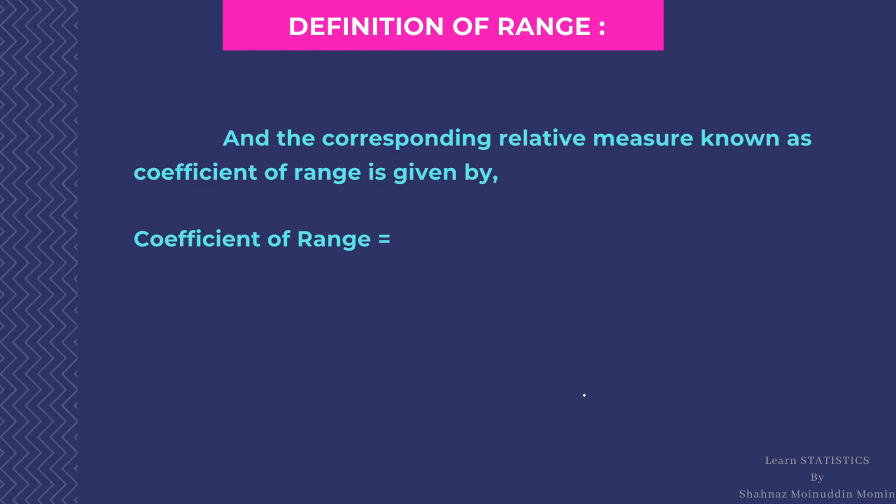The corresponding relative measure of range, which is known as the coefficient of range, is given by (L minus S) divided by (L plus S). This coefficient of range is free from the unit of measurement, and it can be used for the purpose of comparison of two sets of the data in concern with the variation.